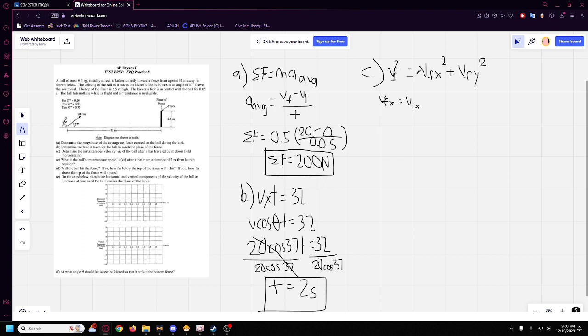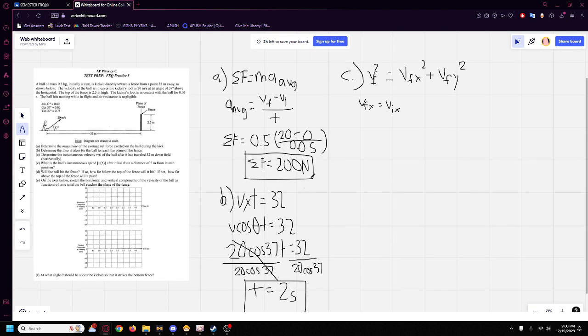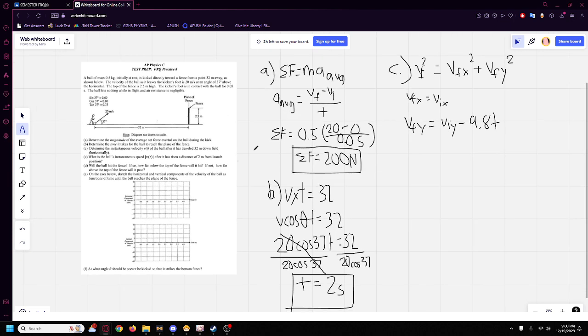So vfx would be the same thing as the v cosine theta over here. And then vfy is equal to viy minus gravity times the time the ball is in the air.